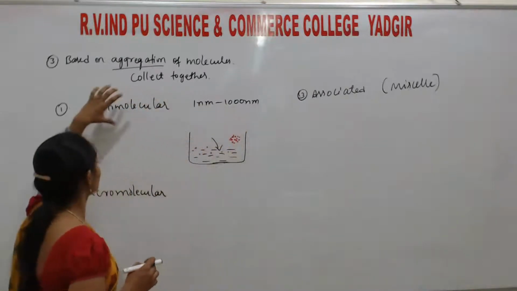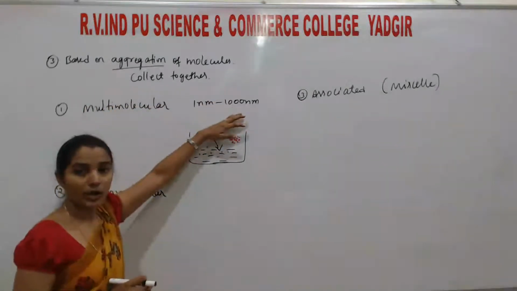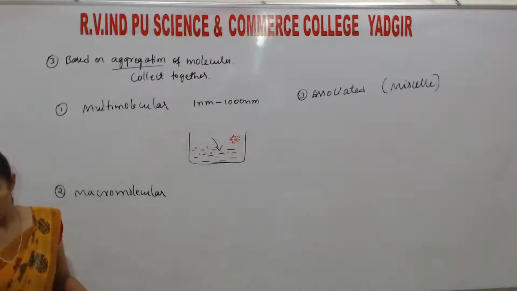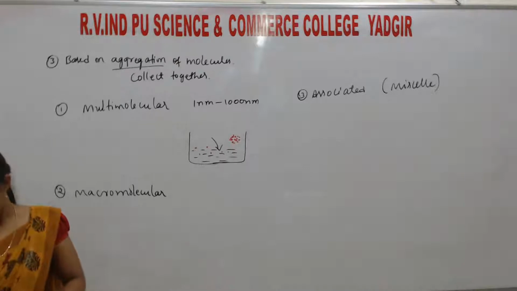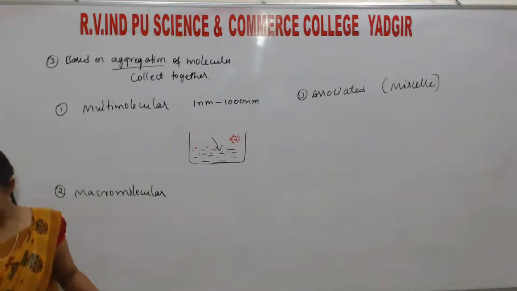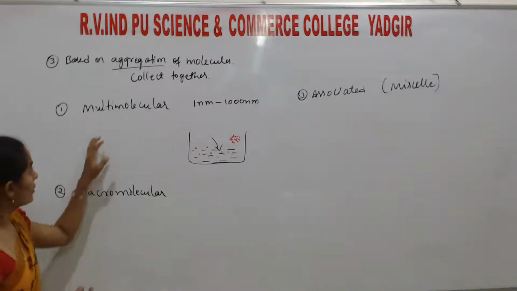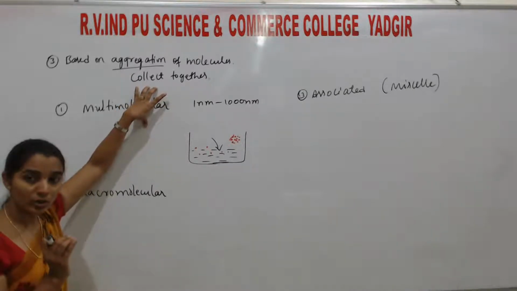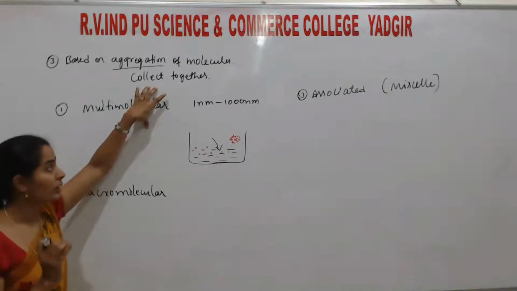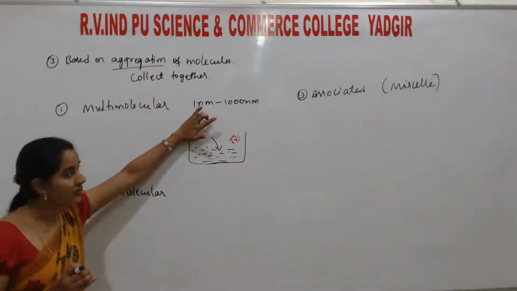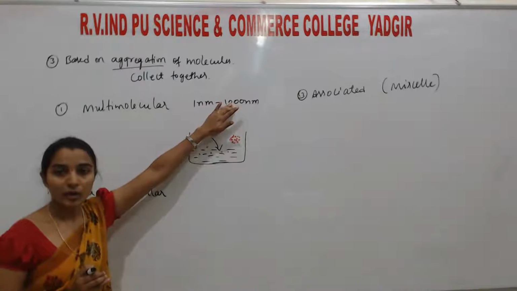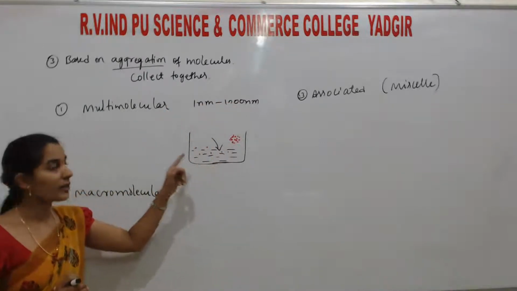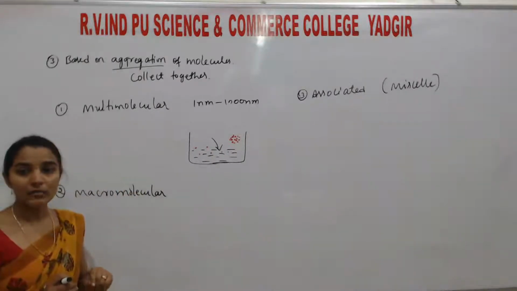That is called a multimolecular colloid. Upon dissolution, a large number of atoms or molecules collect together to form a size range between 1 nanometer and 1000 nanometer. Then only are they called colloids. So this type of colloid is called multimolecular.